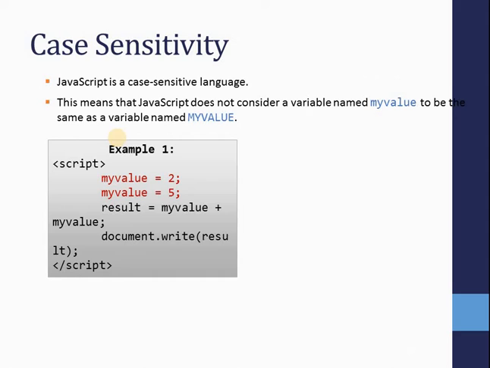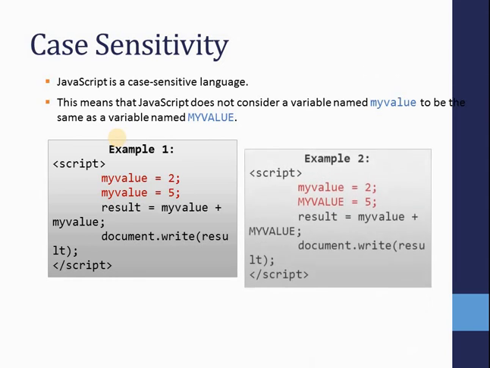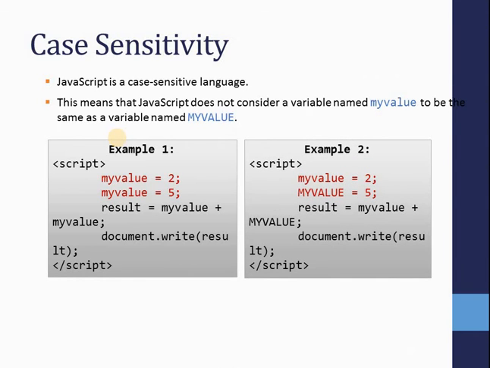For example, you can see that in example 1, I have declared two variables in lowercase, named myvalue equals 2, myvalue equals 5. Now you see example 2. Over here I have written myvalue first, the same as in example 1, but the variable with value 5 is written in uppercase.